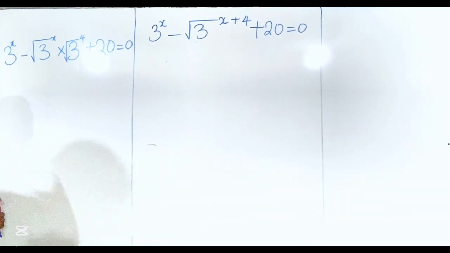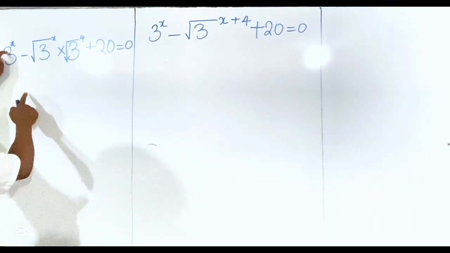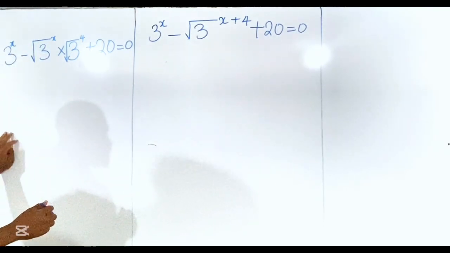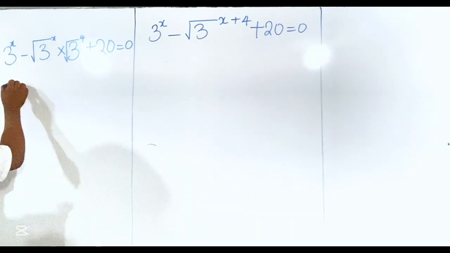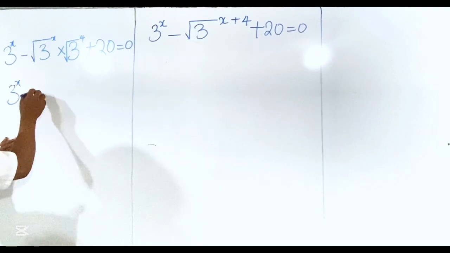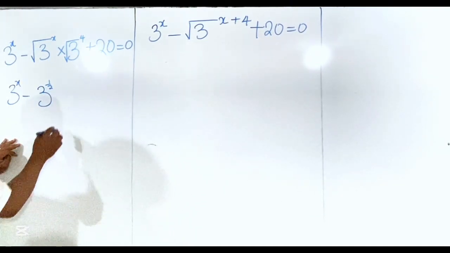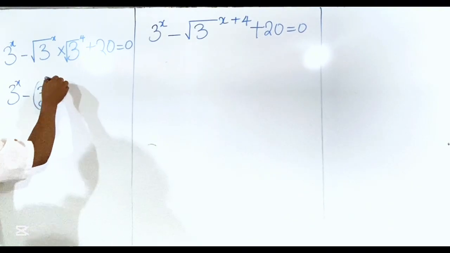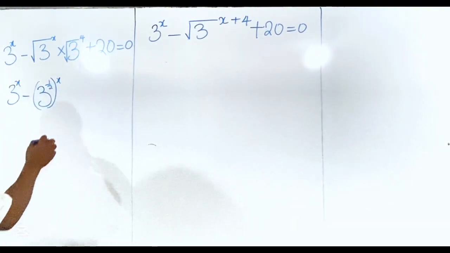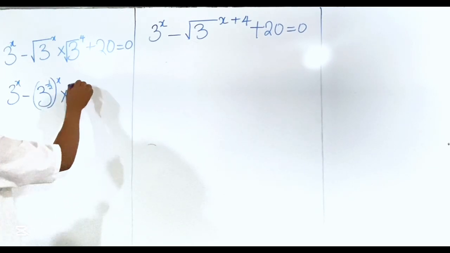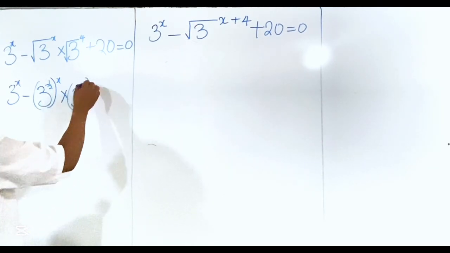After this, I am having 3 raised to power x here. I need to construct this to get 3 raised to power x as well. So I'm going to have 3 raised to power x minus 3 raised to power 1 over 2, all raised to power x, times 3 raised to power 4, all raised to power 1 over 2.